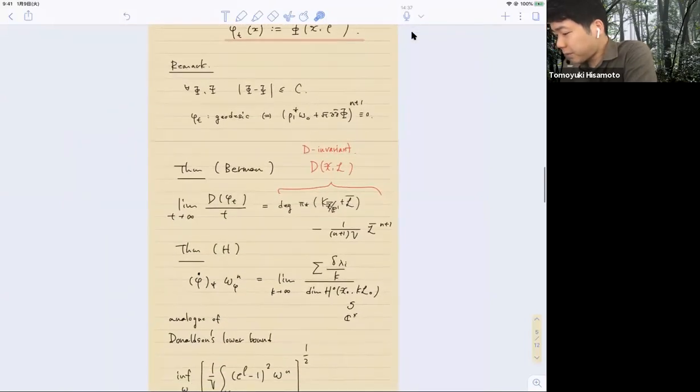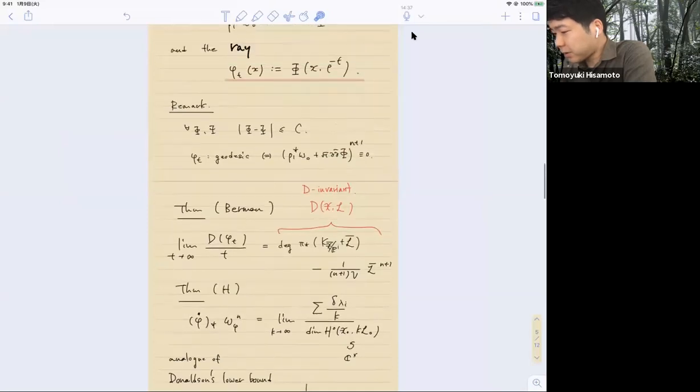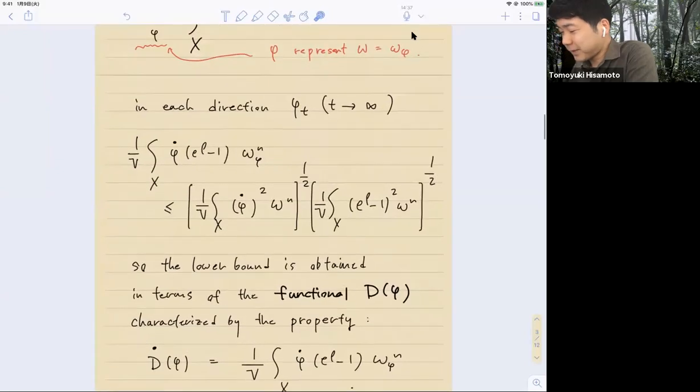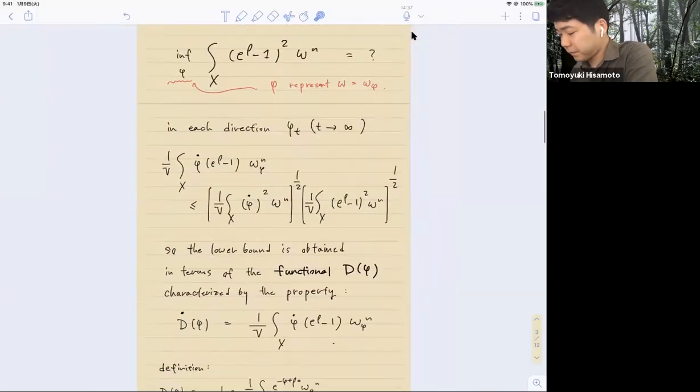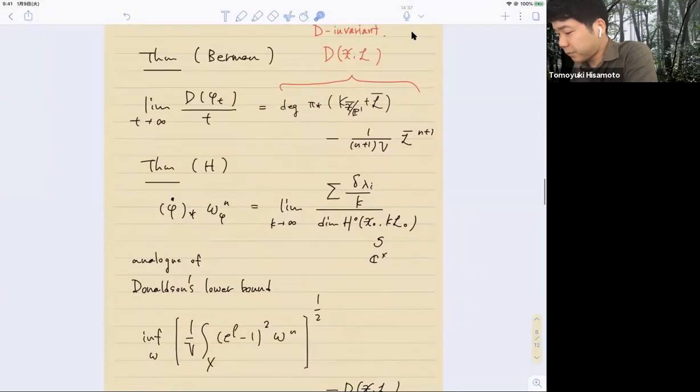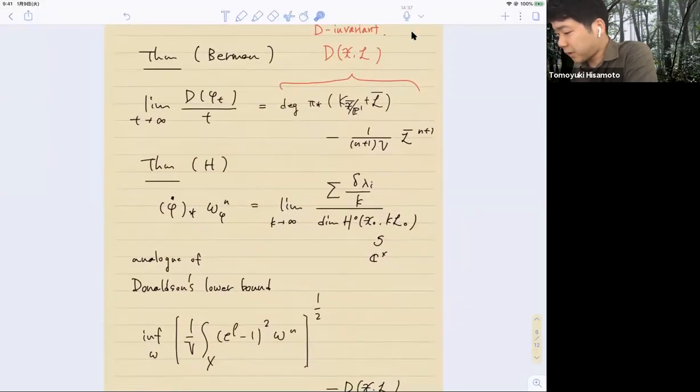Okay, and let me go back to the key inequality, the Cauchy-Schwarz inequality. We first observe that the Calabi functional is bounded from below by the slope of the D functional divided by some norm of the tangent vector. Also the norm-like invariant can be described as follows.